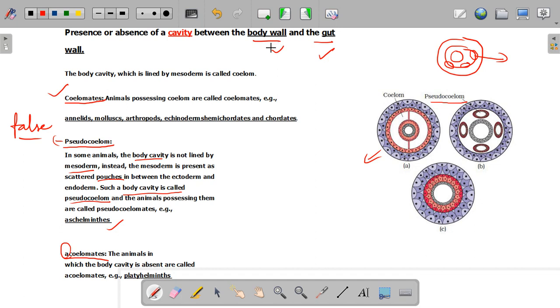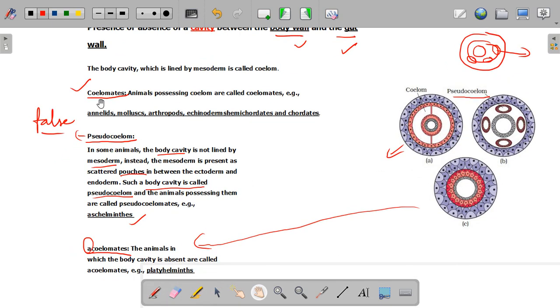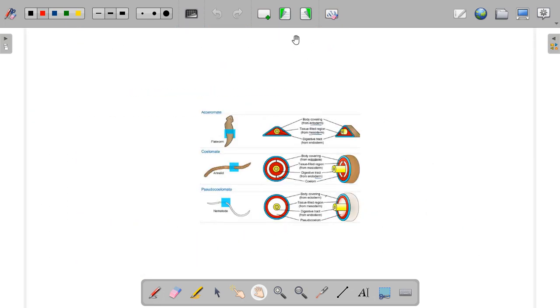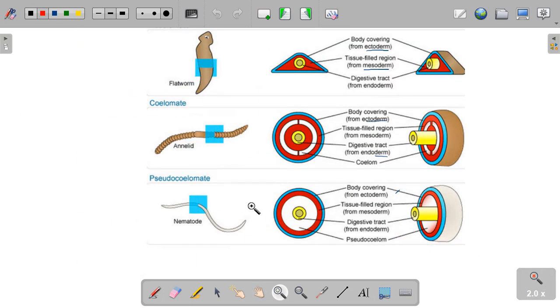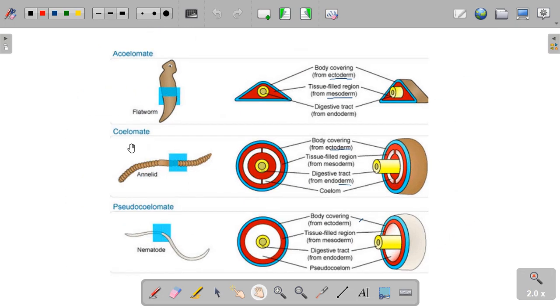Try to understand and analyze the diagrammatic representation of the cavity. Gut means digestive system. So there are three different types of organisms: coelomates, pseudocoelomates, and acoelomates. You can see some examples right over here: pseudocoelomate, coelomate organisms having a cavity, and acoelomates don't have any cavity between the body wall and the gut.